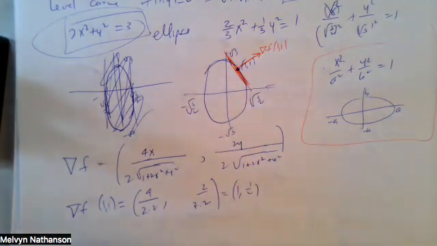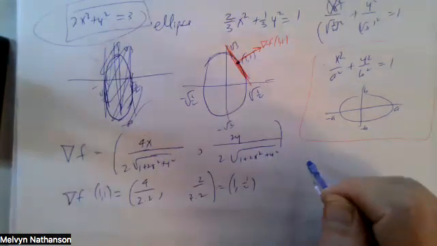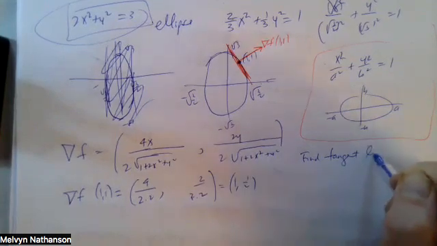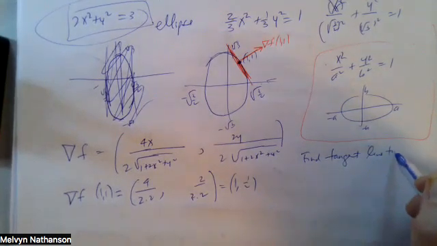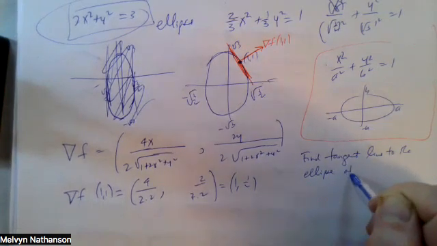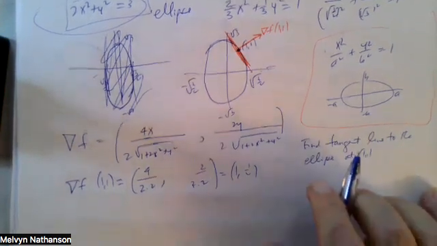So I want to find the tangent line to the ellipse at the point 1, 1.